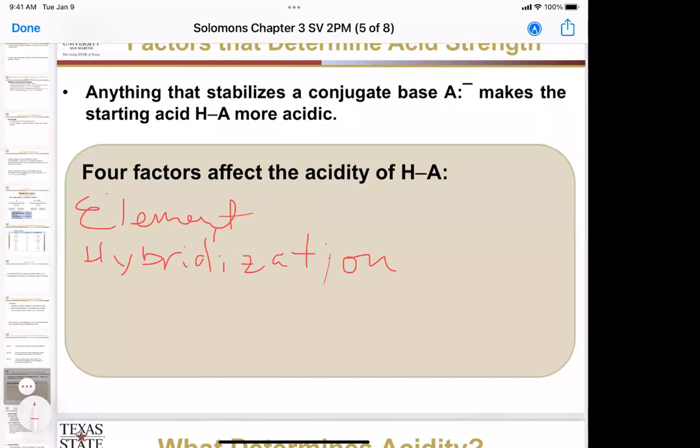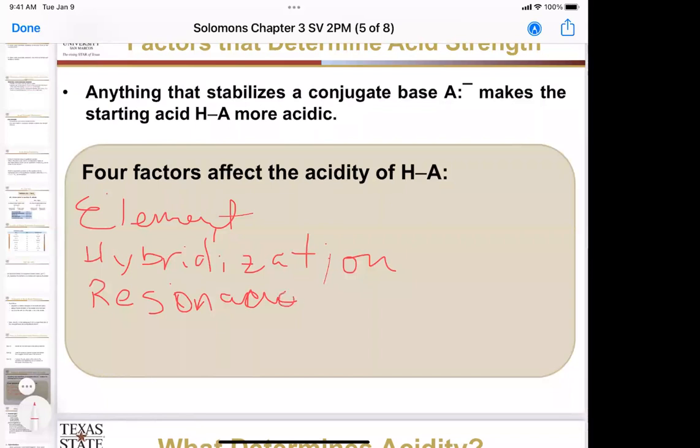The other thing we're going to look at is resonance. The more resonance structures you can draw for moving a negative charge on the conjugate base around, the more stable it's going to be, because you can spread that charge out over more atoms.